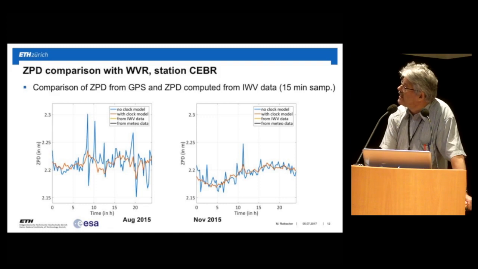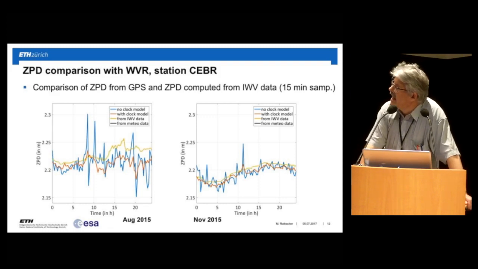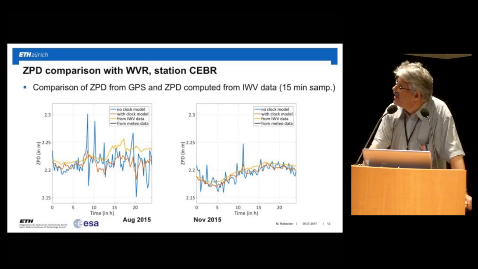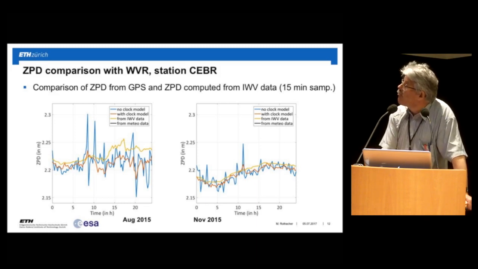And when you look at the water vapor data, on the left-hand side you do not see a very nice comparison, but on the right-hand side it looks quite nice, with the exception of some sort of calibration offset we have here for this November data.